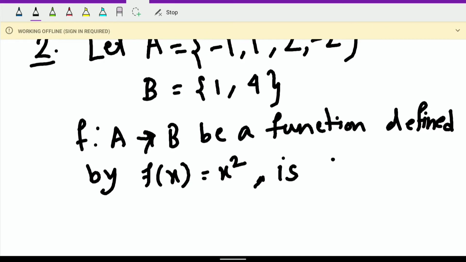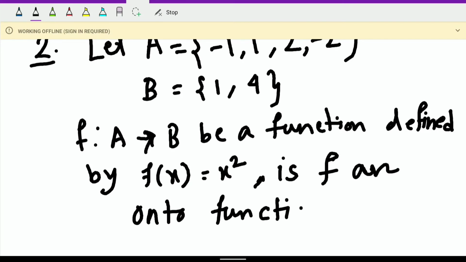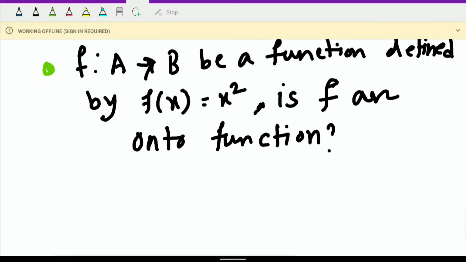Then your question is, is f an onto function? This is your question. So what will be the answer?